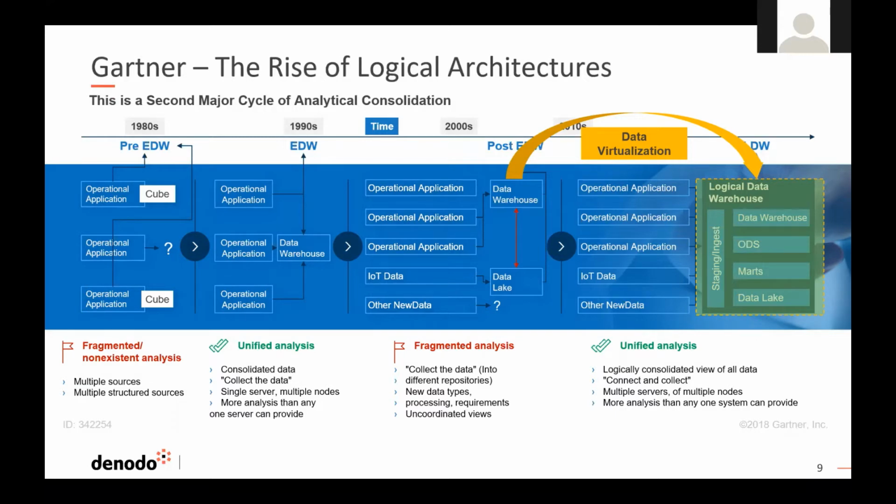So we're building that logical layer, that logical view across all of our data, regardless of where it's located, so that we no longer have to build that monolithic system just in order to cope with the sheer volumes of data.